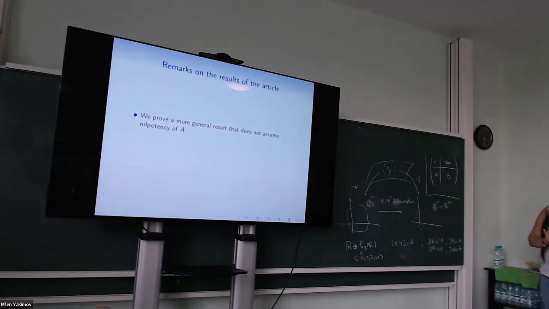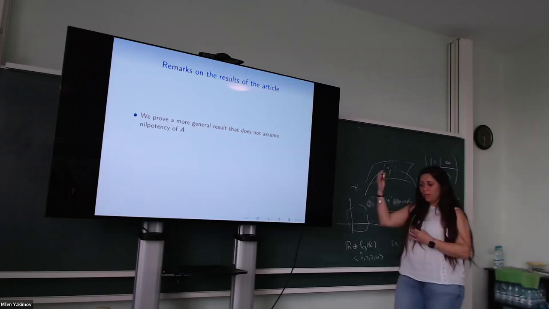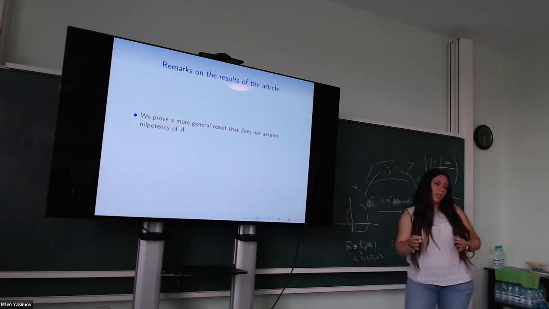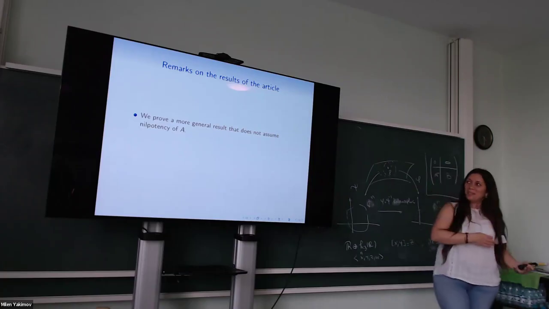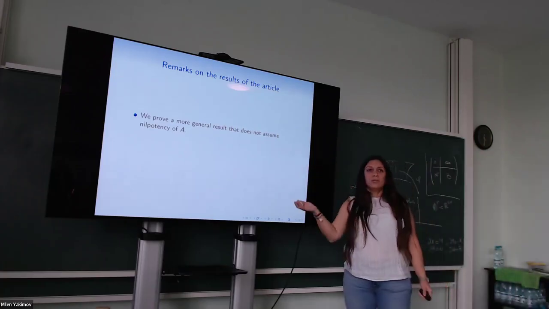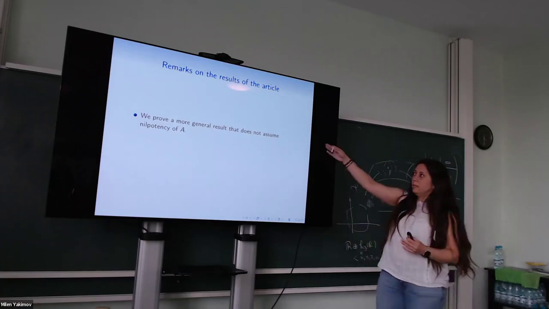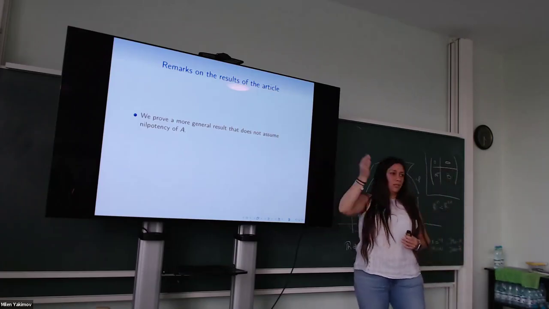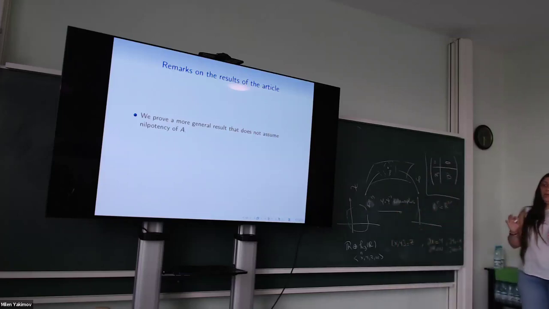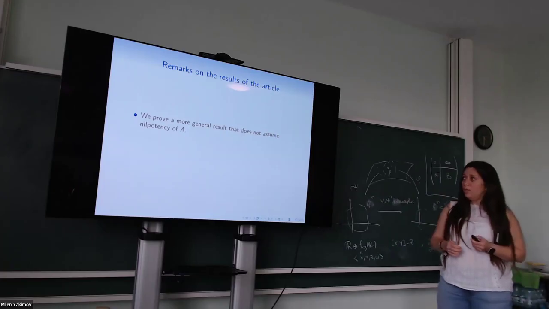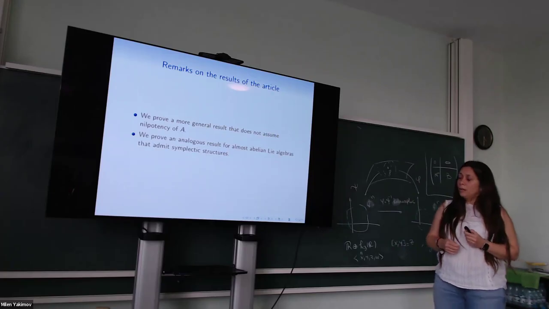Well, all this part of the talk was about the first article, but now I focus on the second part, which is the second article. Here I would like to make some remarks. I was speaking about nilpotent algebras, but in this article with this group of women, we dropped the nilpotency assumption on A. So we can say when an almost abelian algebra admits or not a complex structure, dropping nilpotency.